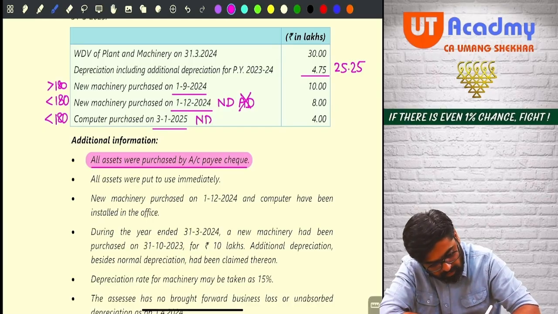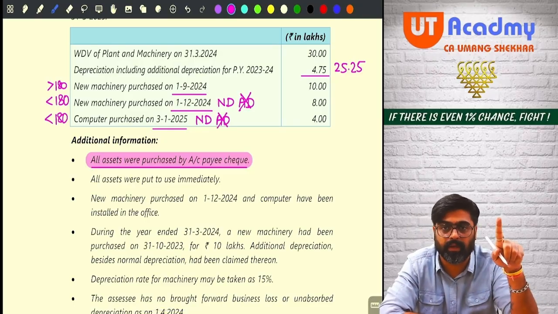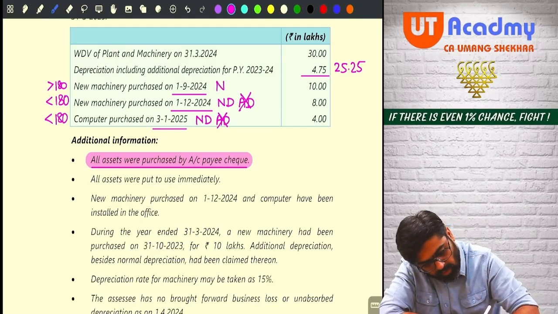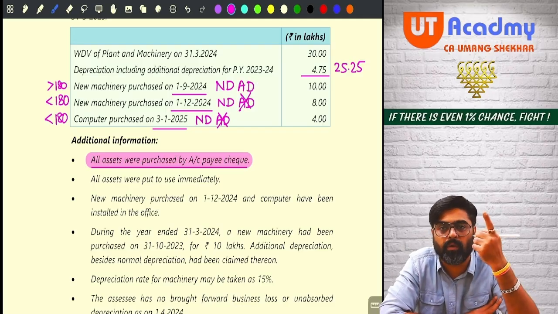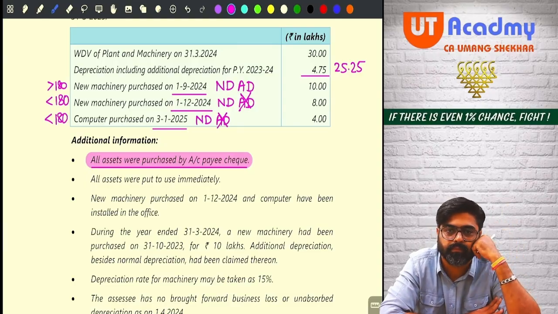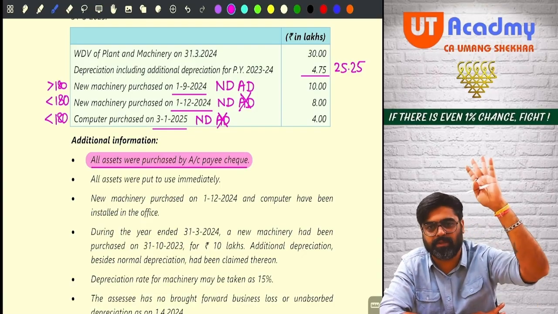Here also, normal depreciation will come, additional depreciation will not come. If I shift out of 115BAE, then on this, normal depreciation will come, additional depreciation will also come. But on the opening, only normal will be calculated. Because that is not the machinery which is purchased in this year, it is already purchased.